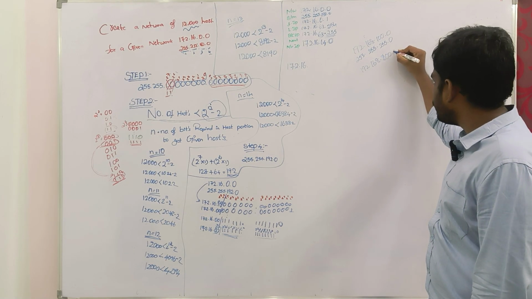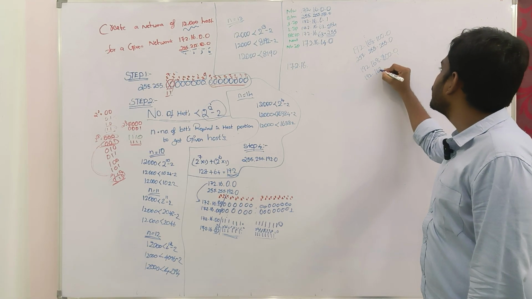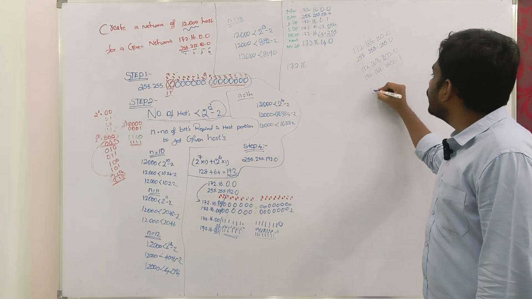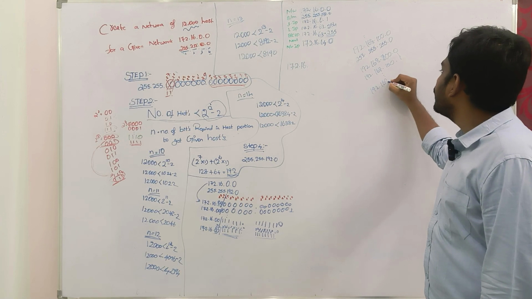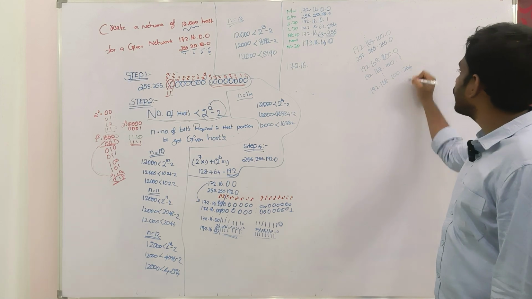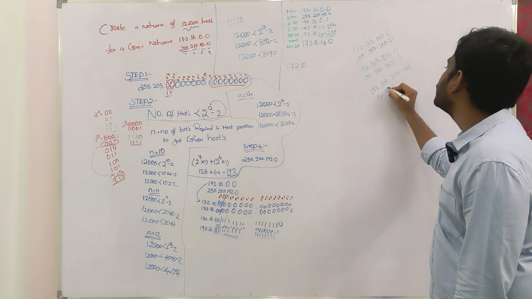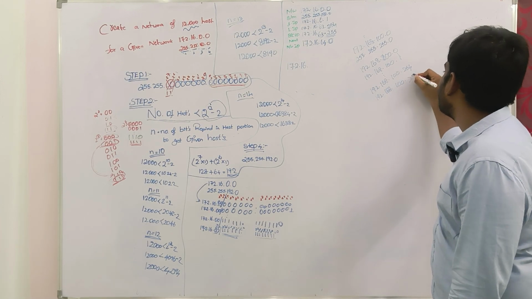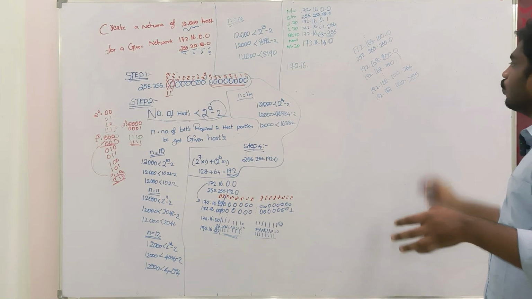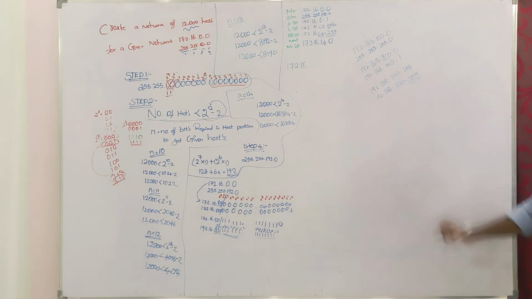You start from 0 and write 192.168.100.1. Then your last IP is 192.168.100.254. Your broadcast IP is 192.168.100.255. Still, if you want one more IP address, 255 is over.